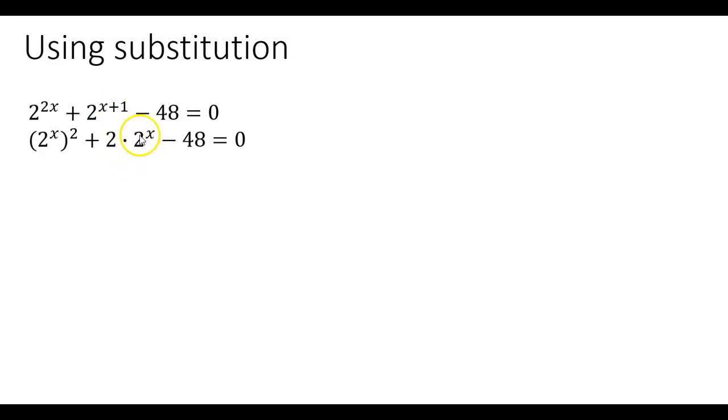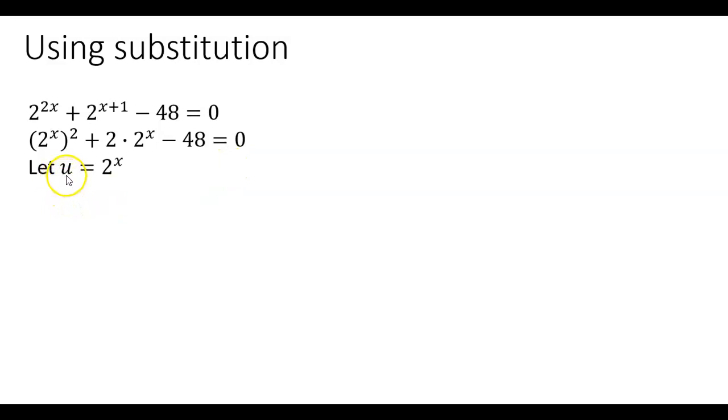I'm doing that because, again, I get something that looks like my variable 2 to the x, and then I have minus 48. So if I were to let 2 raised to the x power just be another variable like t or s or anything, this is going to look just like a quadratic equation. So that's what I'm going to do.